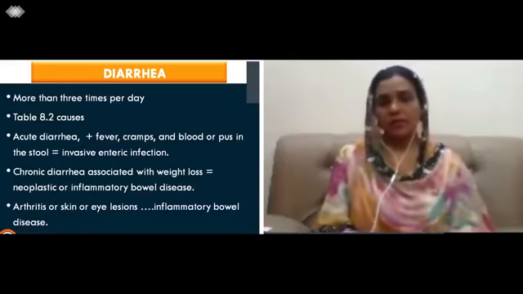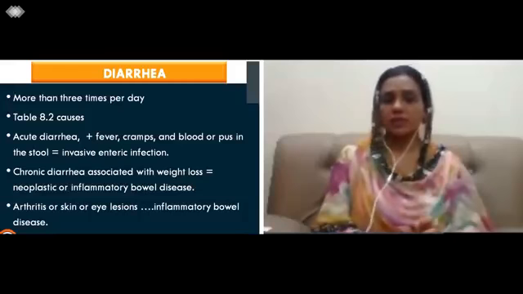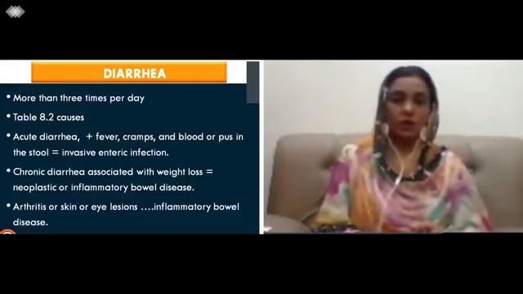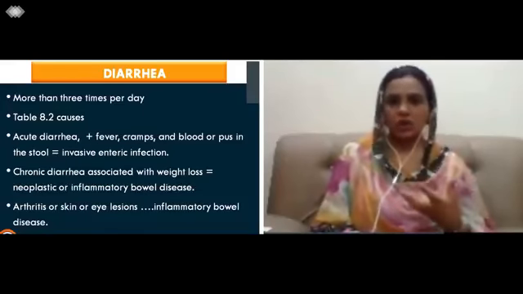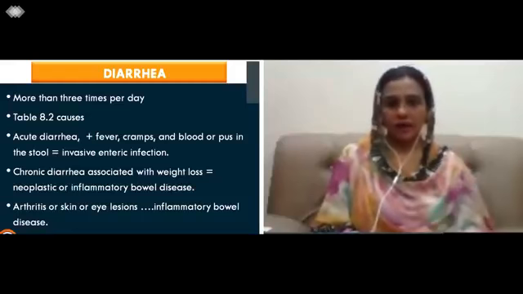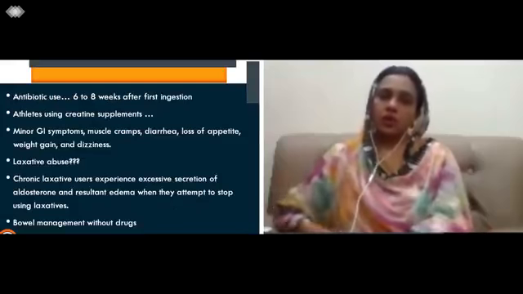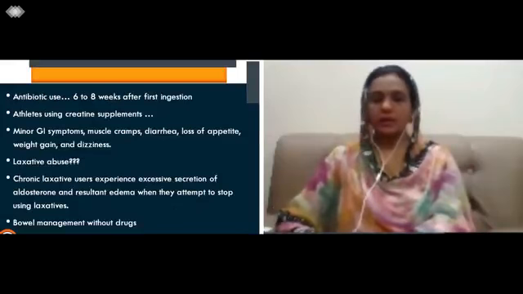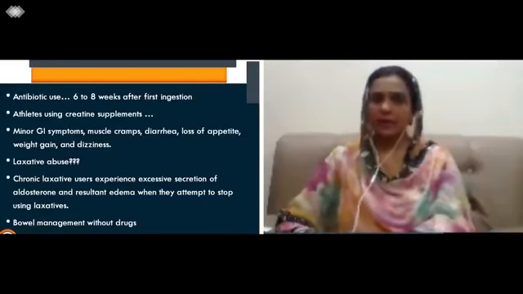Most of the time, inflammatory bowel disease is associated with arthritis, and not only arthritis, but also skin and eye lesions. So as I have just mentioned, the most common drug to cause diarrhea is antibiotic use.